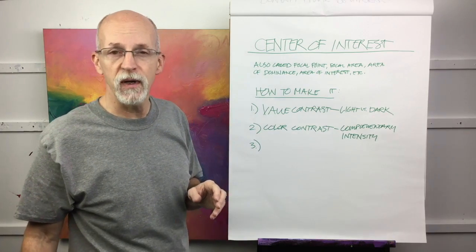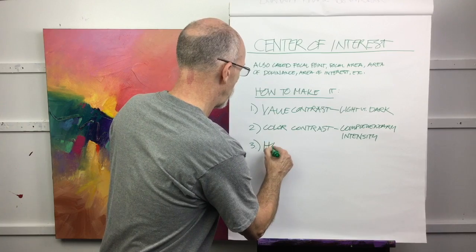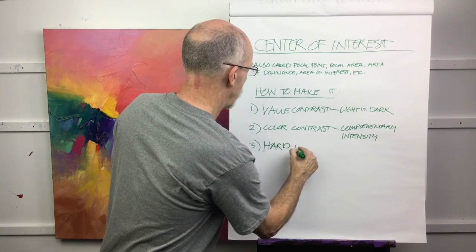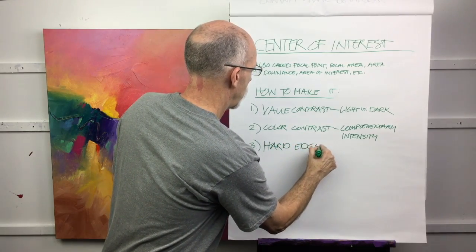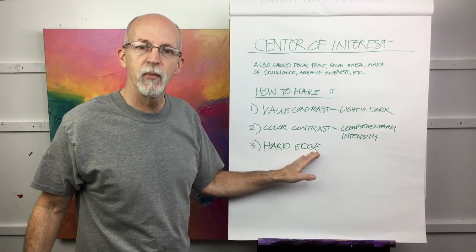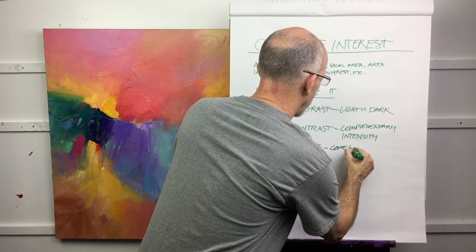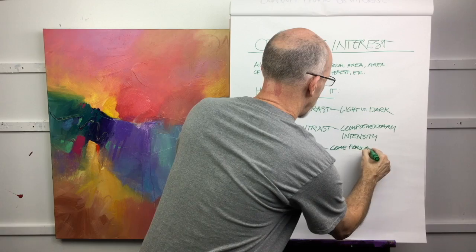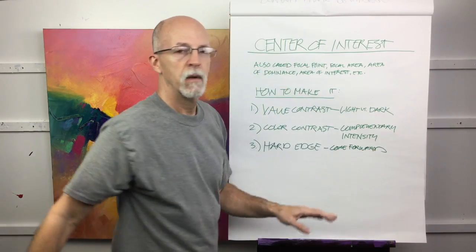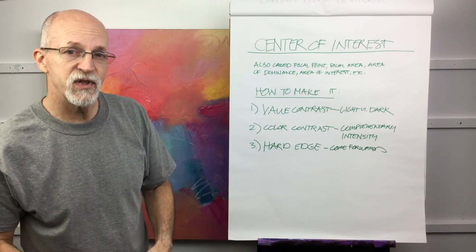Now, number three is a hard edge. Hard edges come forward, blended edges recede.